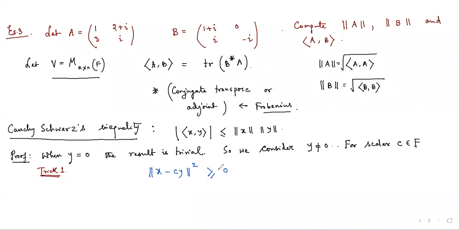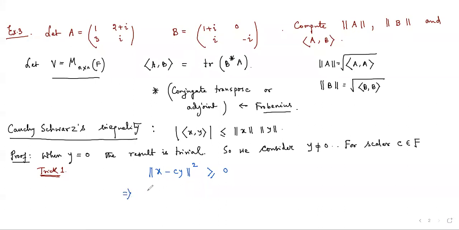The rest is calculation, and up to a certain point I am going to apply the properties of inner products. Somewhere in between, I'm going to apply another trick, and when the actual time comes, I will tell you what that trick is. So trick number one tells me how to start the problem. Now proceed with respect to the definition.